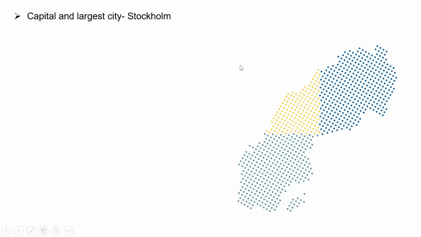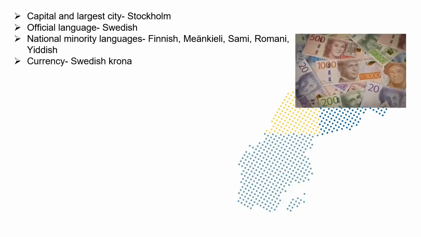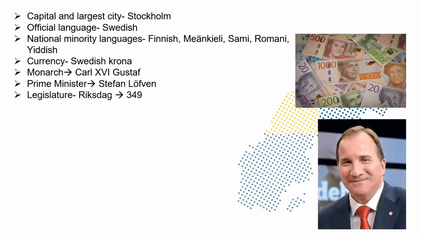The largest city and the capital of Sweden is Stockholm. The official language is Swedish. There are many national minority languages other than the official language. The currency used is the Swedish krona, as you can see. As I told, there is a monarch, which is a king, and it is Carl XVI Gustav. There's also a prime minister, his name is Stefan Löfven, and there's a legislature, which is the parliament, called Riksdag, which has 349 members.